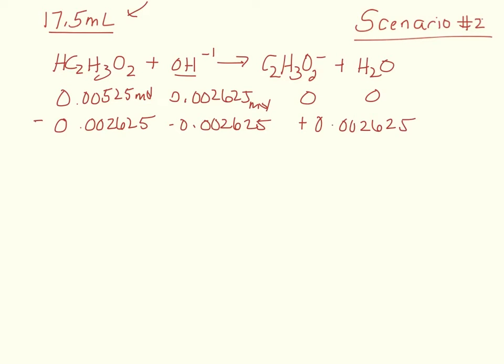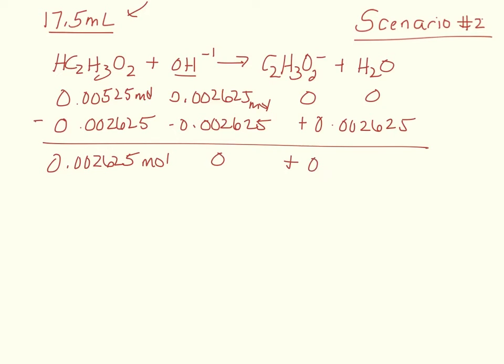I don't have to worry about the water because it's not contributing to the pH at all. So when all is said and done, when I subtract these front two, I have 0.002625 moles of acetic acid left. I have no hydroxide left because it completely reacts. And I gain 0.002625 moles of my conjugate base.